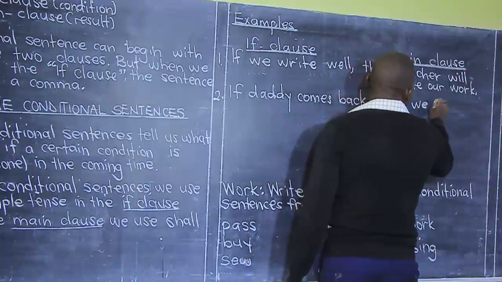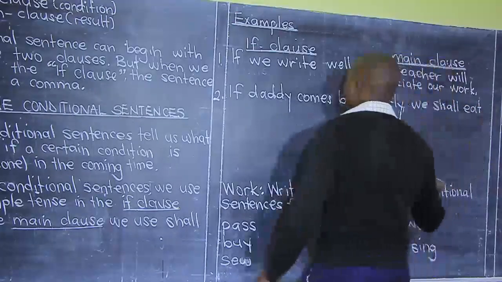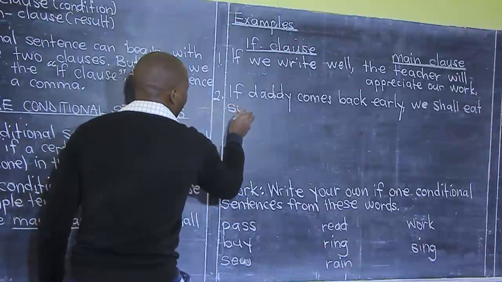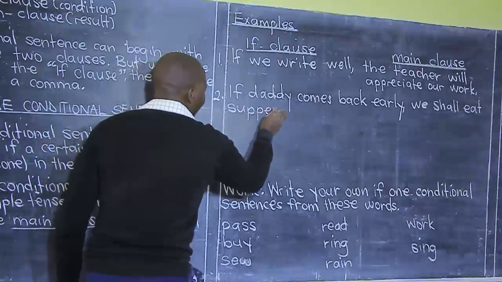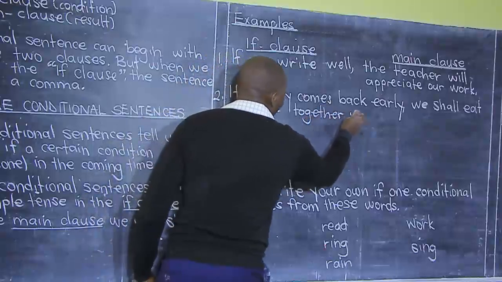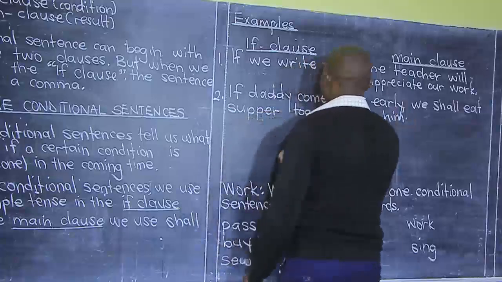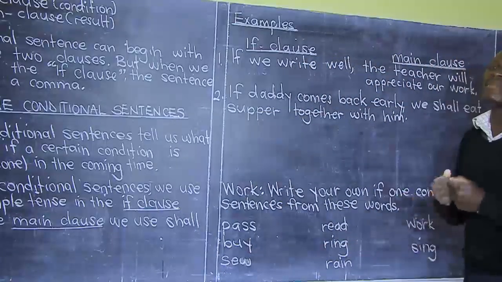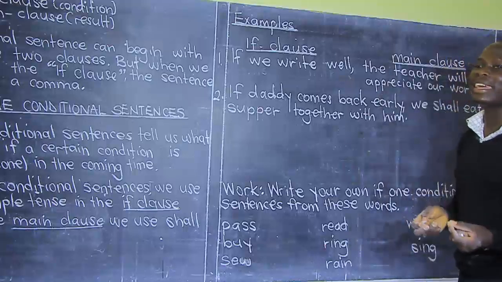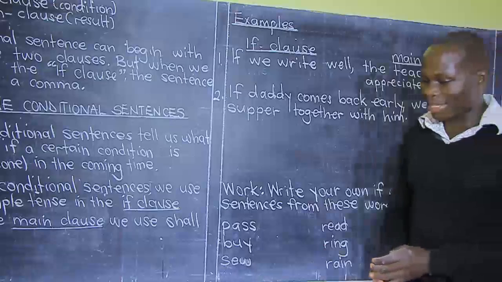We shall eat supper together with him. So this sentence is telling us that for us to eat supper together with the dad, he has to come back early. So the condition there is that he has to come back early. If he does not come back early, we shall not eat supper with him.